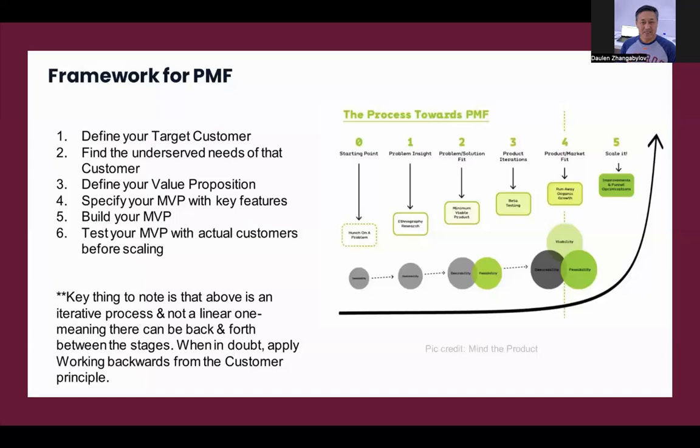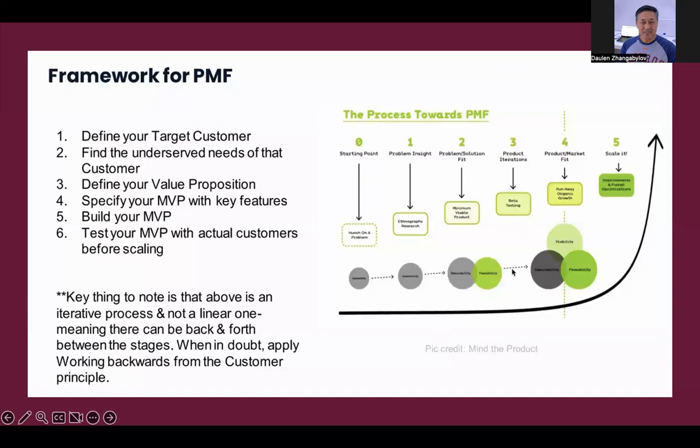So yeah, the same process. I described a whole framework, but if you see it as a picture, you do the starting point, you do problem insight, then you move to your solution-problem fit, then you do iterative product development.